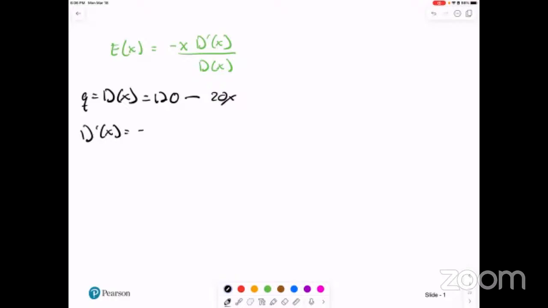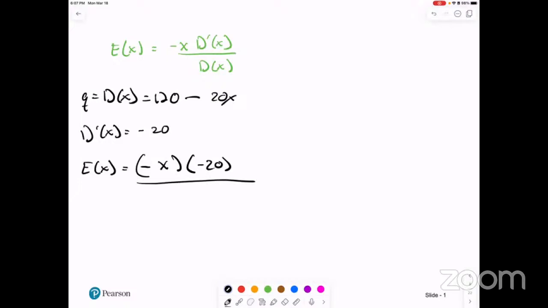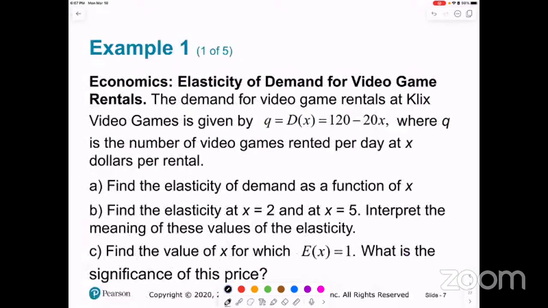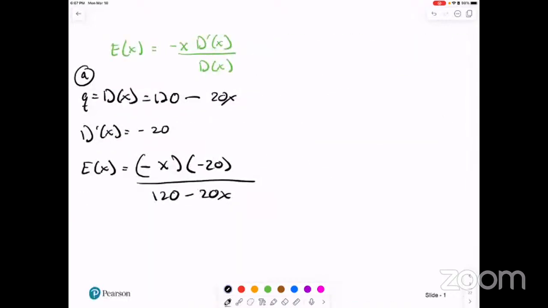Okay, so then let's put all these pieces together. The elasticity of the demand function is going to be negative x times D prime over D, which is this. So that's what we got for part A. Find the elasticity as a function of x. That's what we got.